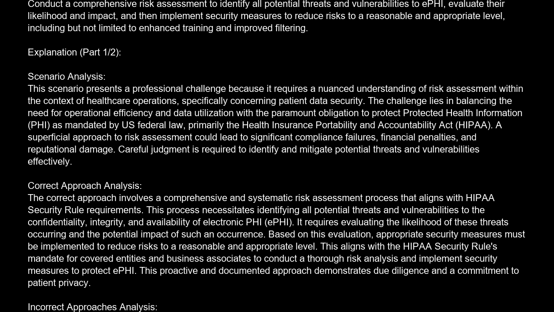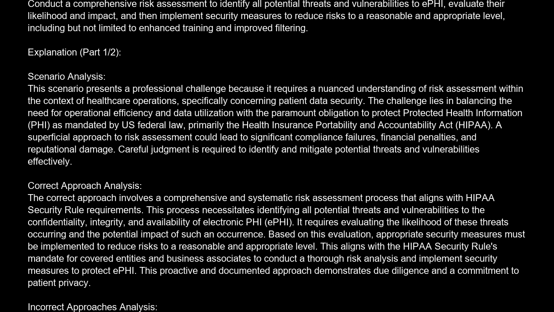Correct approach analysis. The correct approach involves a comprehensive and systematic risk assessment process that aligns with HIPAA security rule requirements. This process necessitates identifying all potential threats and vulnerabilities to the confidentiality, integrity, and availability of electronic PHI, ePHI. It requires evaluating the likelihood of these threats occurring and the potential impact of such an occurrence.